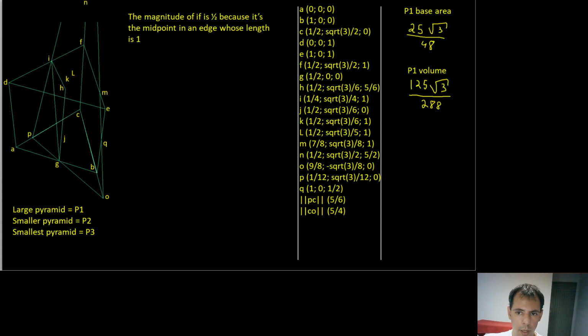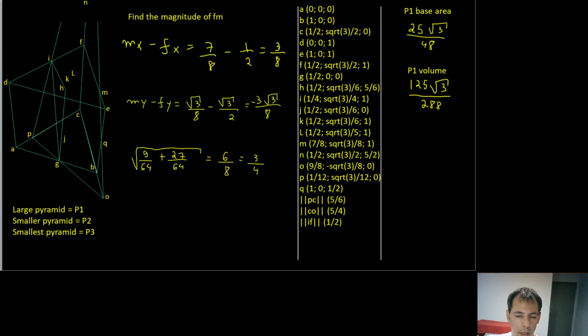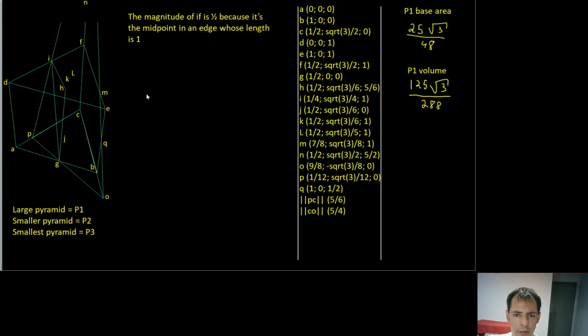Okay. And here you've got the magnitude of IF. I need the magnitude of IF here, which is just half because it's half the length. Why do I need this stuff? Because now I need the base of the smaller pyramid, the smaller pyramid that's P2 right here, that's on top of the prism.